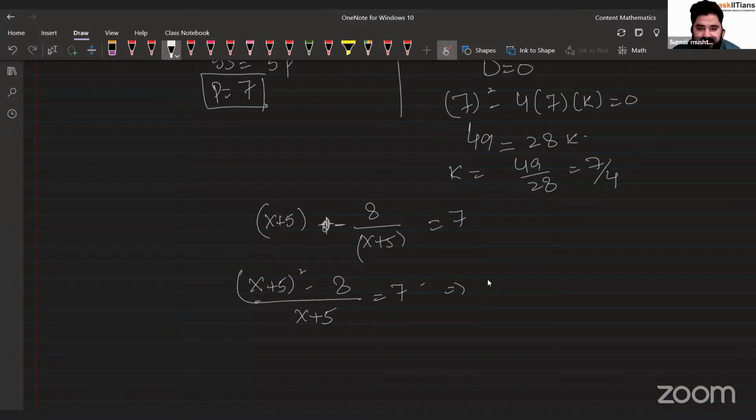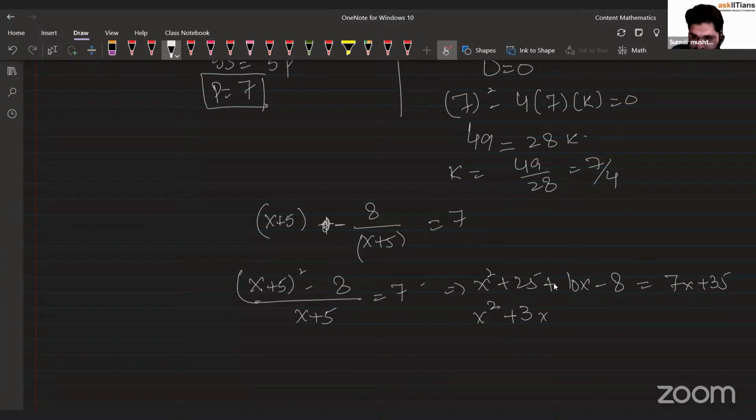You can see it is x square plus 25 plus 10x minus 8 is equal to 7x plus 35. Can I write it like this? Now what to do? It's x square as it is. This is 10x, and this will be here, plus 3x.